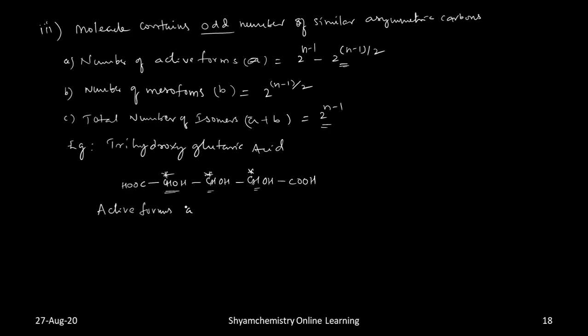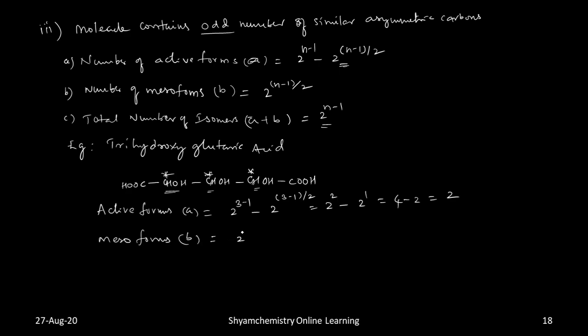Active forms A equals 2 to the power of 3 minus 1 minus 2 to the power of 3 minus 1 by 2, that equals 2 to the power of 2 minus 2 to the power of 1. 2 to the power of 2 means 4, 2 to the power of 1 means 2, equals 2. 2 active forms. Coming to mesoforms, it is B.